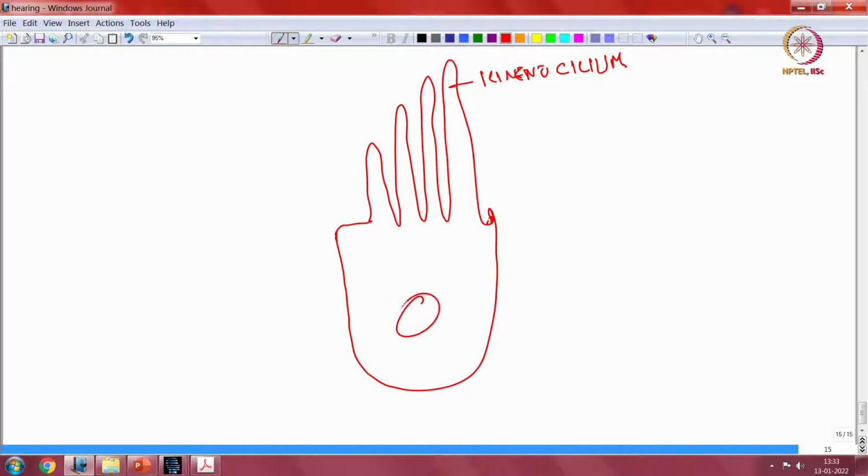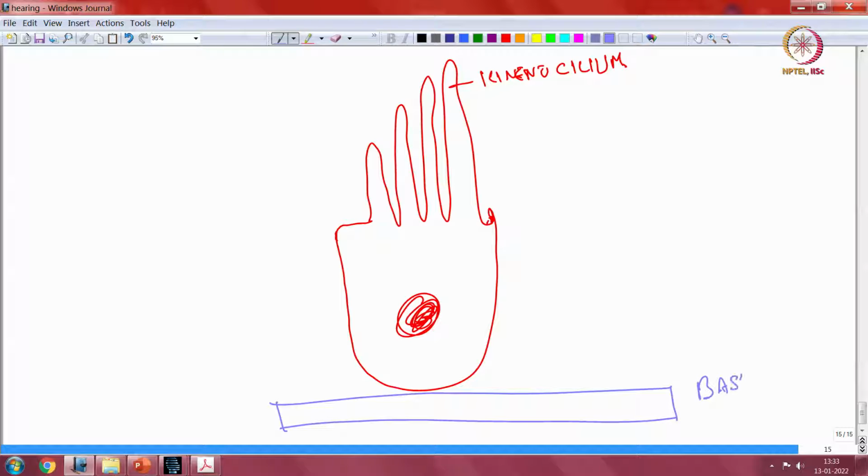Okay. So, hair cell, then below this is the basilar membrane. So, basilar membrane oscillates.